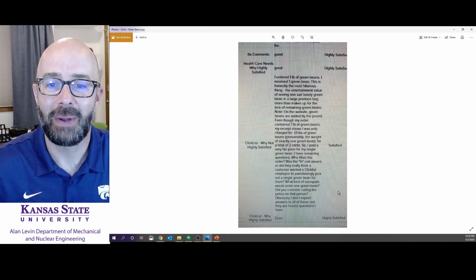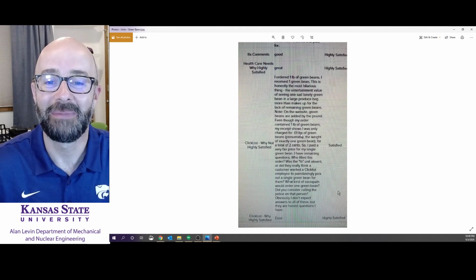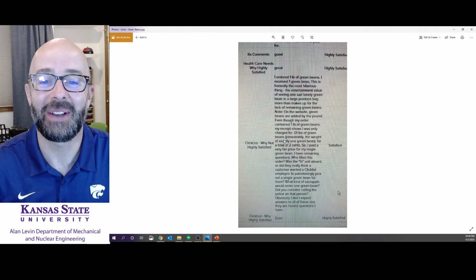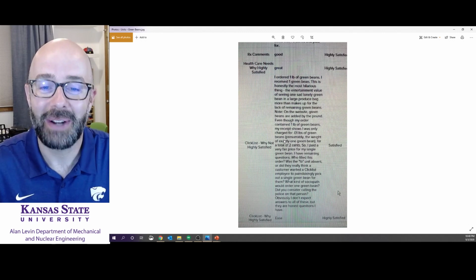Note, on the website, green beans were added by the pound. Even though my order contained 1 pound of green beans, my receipt shows that I was only charged for 0.01 pounds of green beans, presumably the weight of exactly 1 green bean, for a total of 2 cents. So I paid a very fair price for my single green bean.